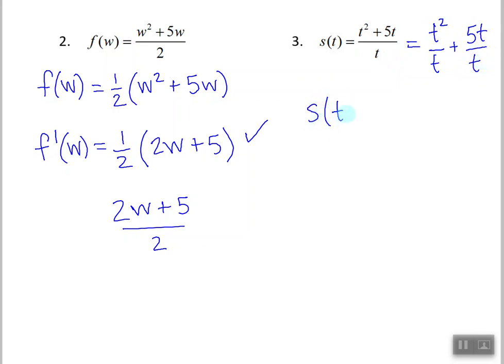That makes our function s of t equal to t squared divided by t makes t, and 5t divided by t makes 5. Therefore, when we take the derivative, we don't have to use a quotient rule at all. S prime of t equals the derivative of t, 1, plus the derivative of 5, 0. Or just 1, to be nice and short.